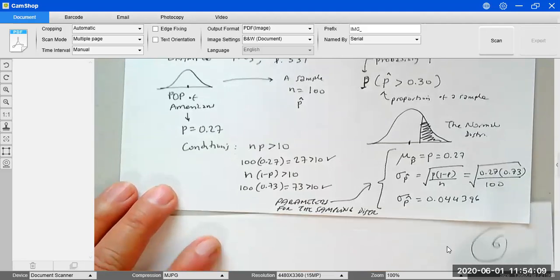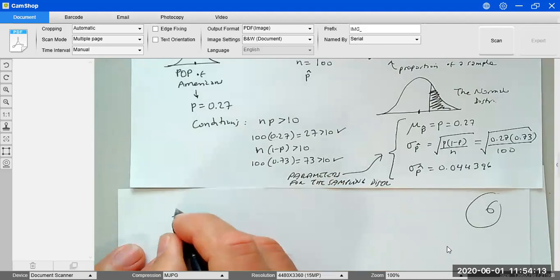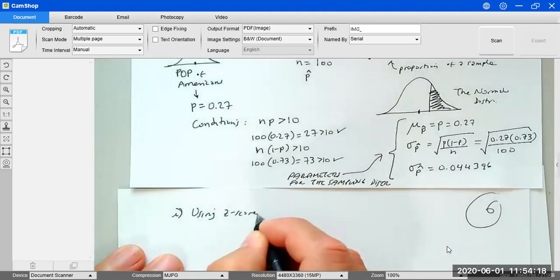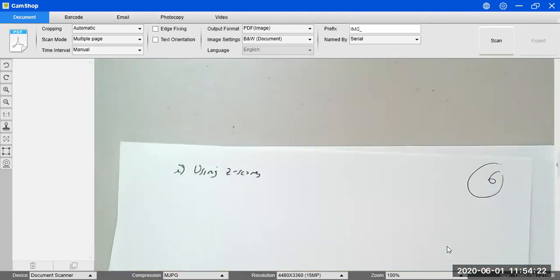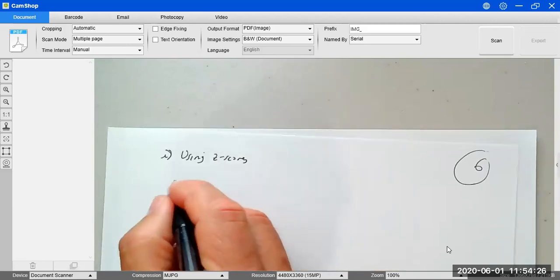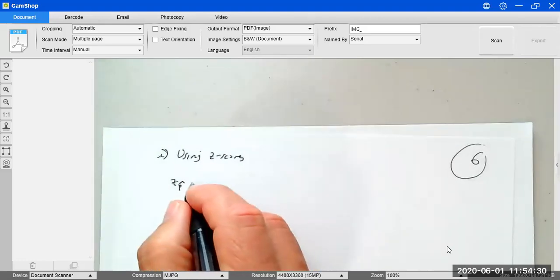Now we have two ways to do that. Remember, either using z-scores or not using z-scores. First, using z-scores. We're going to need the z-score for the p-hat that we want to know about.